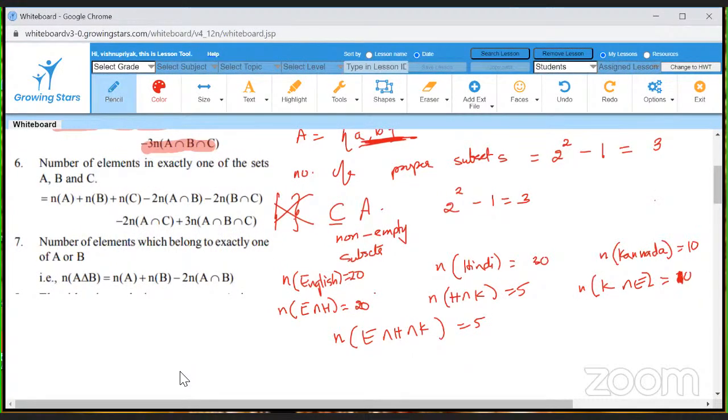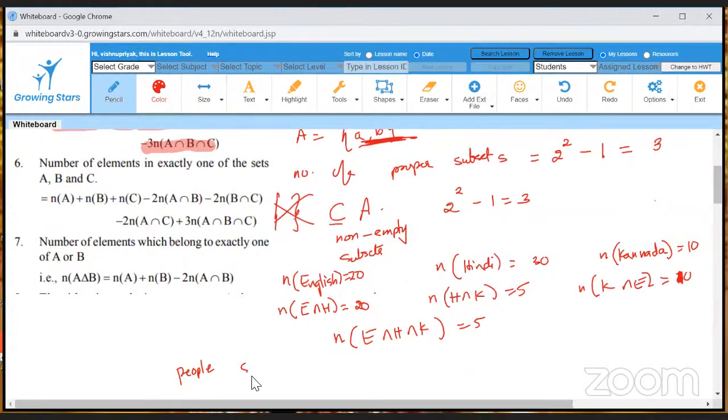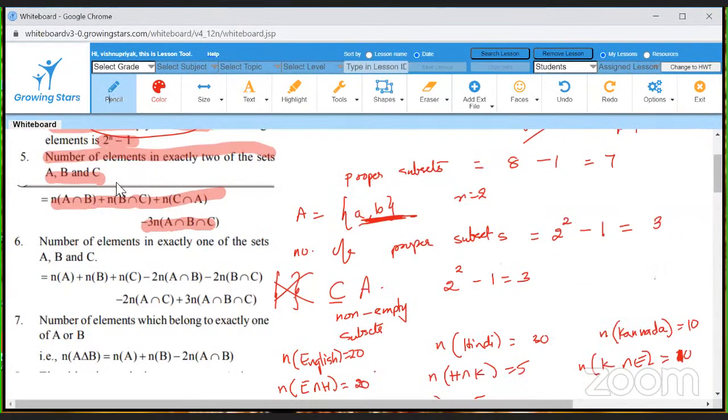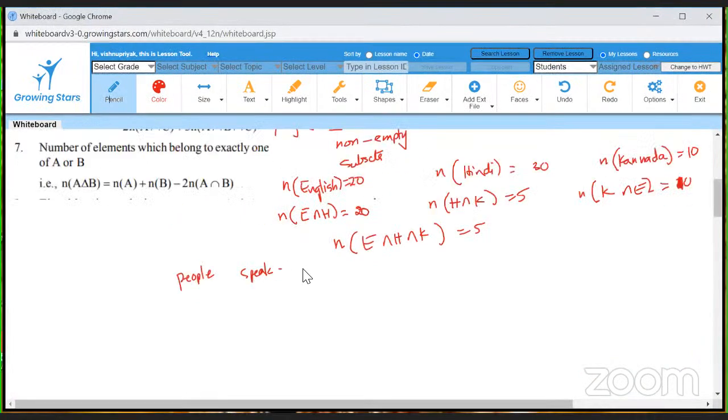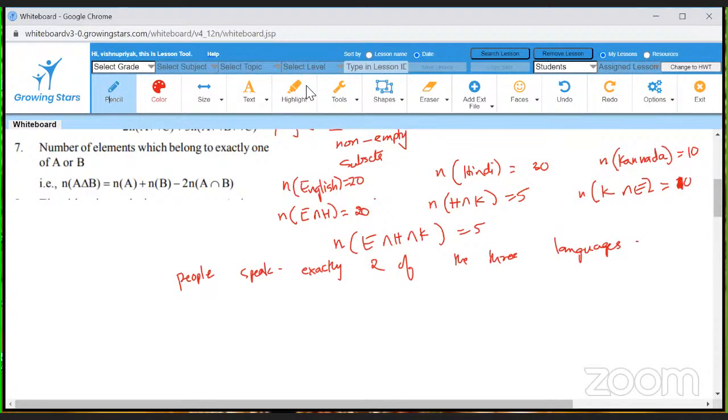And number of people who speak English, Hindi, Kannada, all the 3, I will take 5. Then they will ask you the number of people who speak, as per the formula, exactly 2 of the 3 languages. Exactly 2, not all the 3. So what you will do?